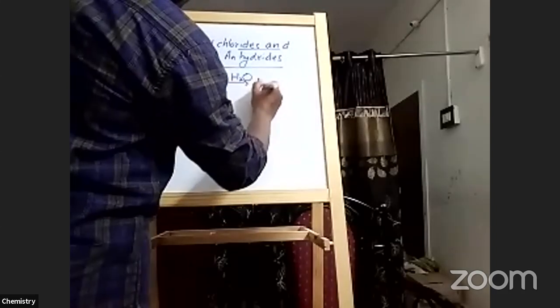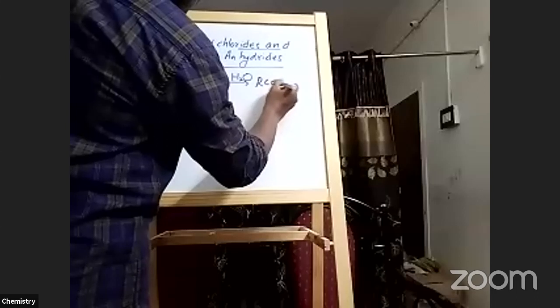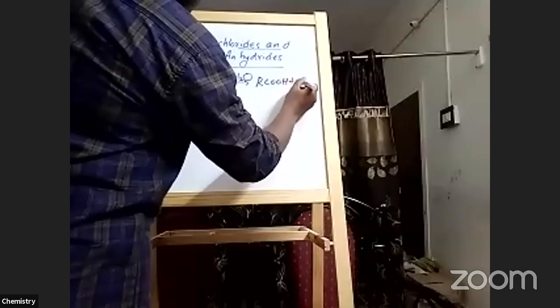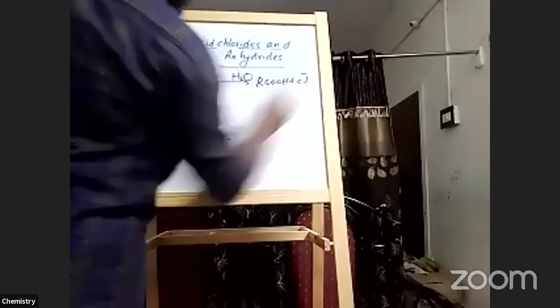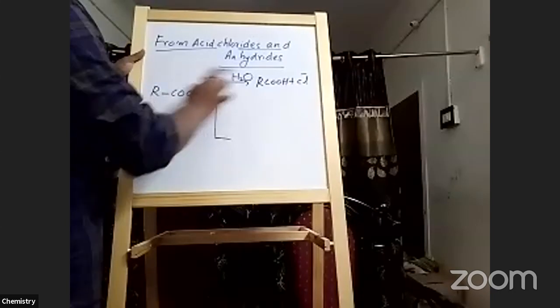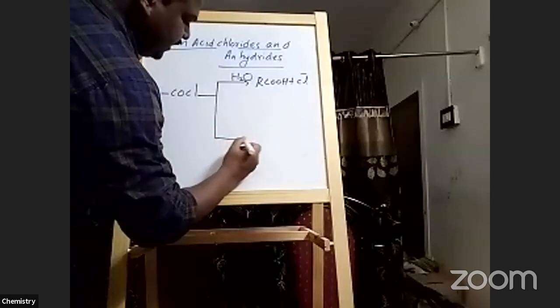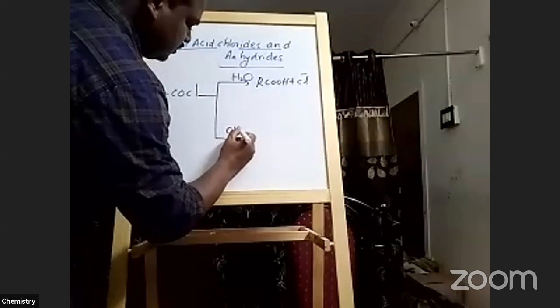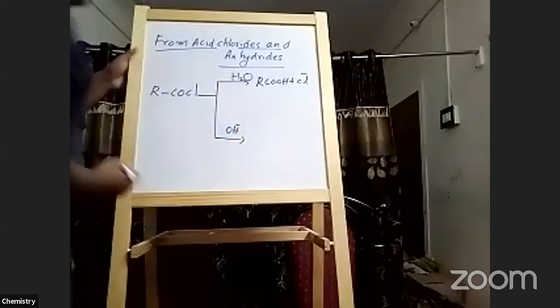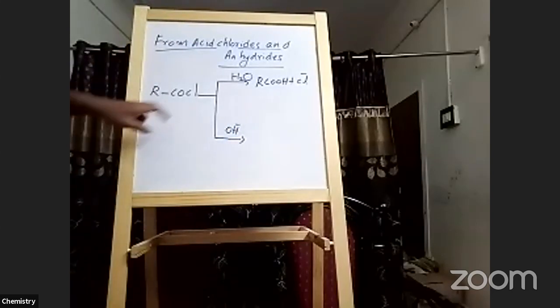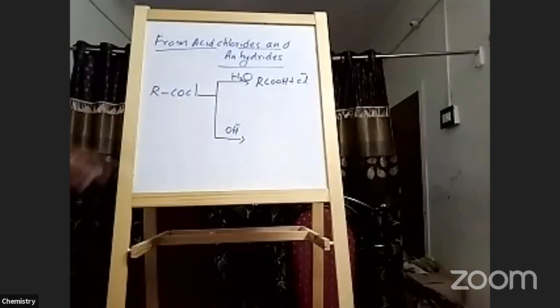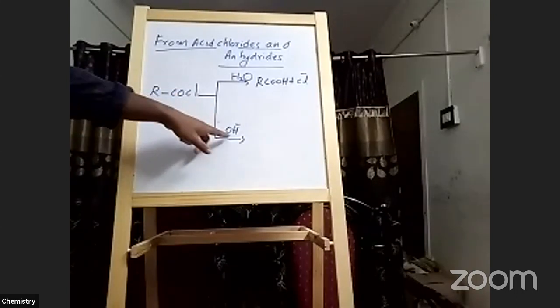So here we are getting RCOOH plus Cl minus. This is the reaction with water. With aqueous base, OH minus, also they produce carboxylic acid.